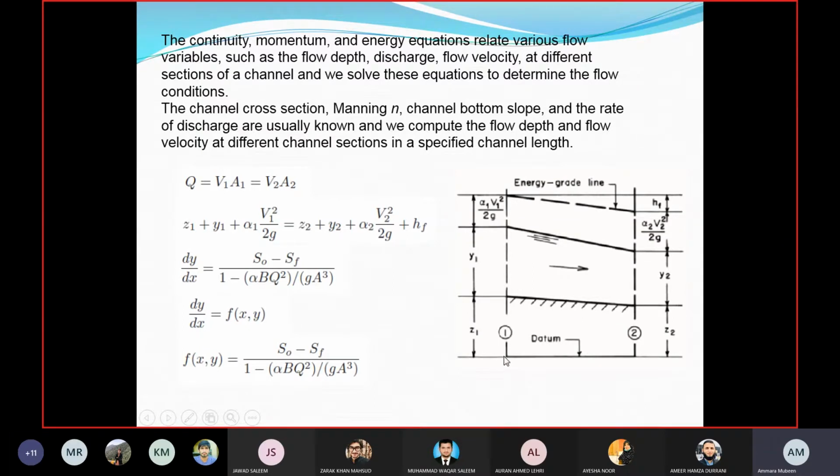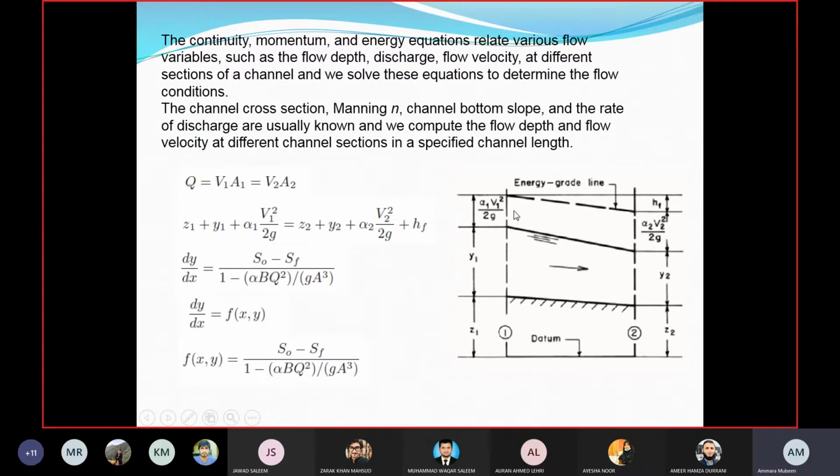So from the datum to the bed it is Z1, the potential head, Y1 the pressure head, and this is the kinetic head or velocity head. At section 1, the total energy would be Z1 plus Y1 plus V1 square over 2g.